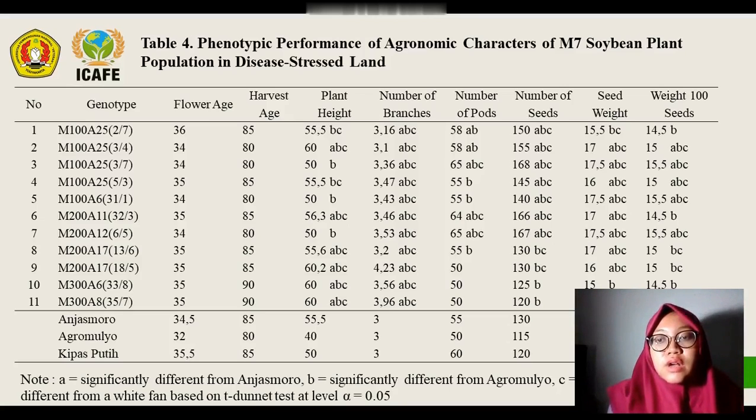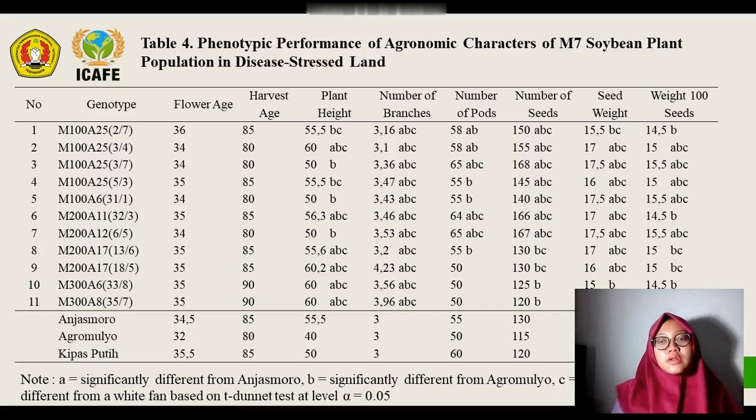The most notable result was that the seed weight and weight of 100 seeds were higher than the parents and the 2 comparison varieties, and the 7 mutant genotype soybean plant population was not infected by other selected diseases.